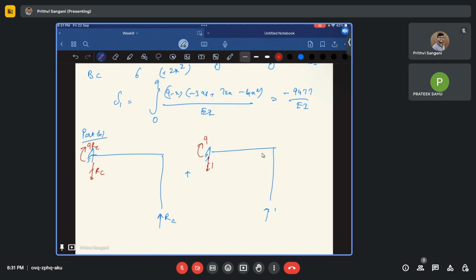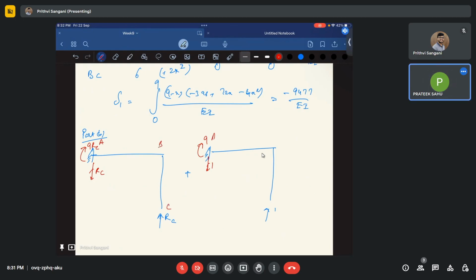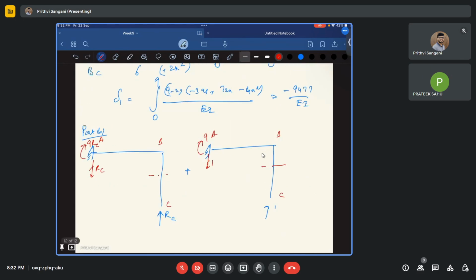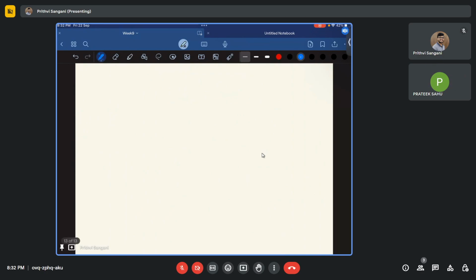Okay. So if this is 1 and this is 9, can you tell me what is A, B, C? So in BC you don't have any M. In BC you don't have any small m. So you only need to consider delta 2, which is nothing but capital M small m by EI dx only in AB.